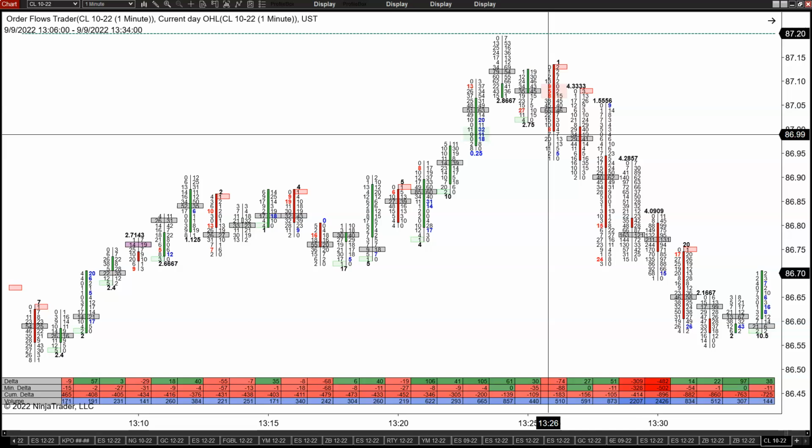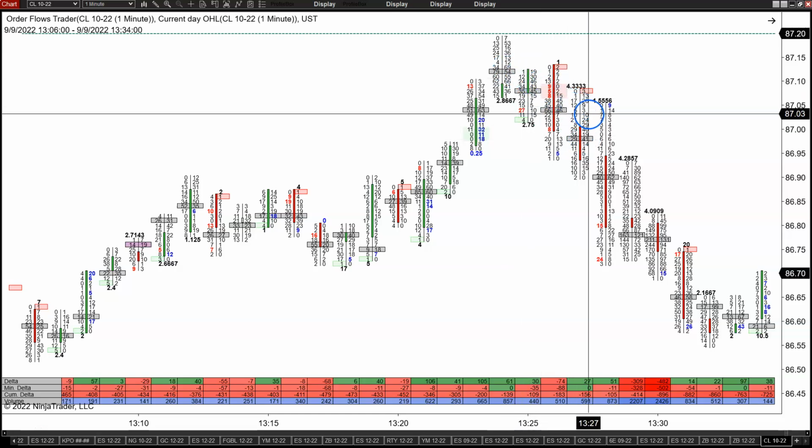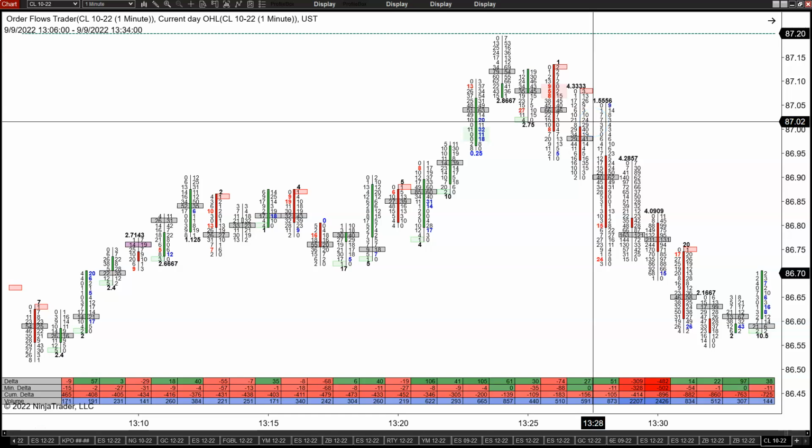Well, that doesn't make sense, right? I mean, an oxymoron, active passive sellers, but that is actually a sign of aggression. Are these orders iceberg? I don't know. Anything in crude oil over 10 lots is generally iceberg, so I don't know how much they have in there, but the market is going down, and you have strong offers coming in to offer resistance.